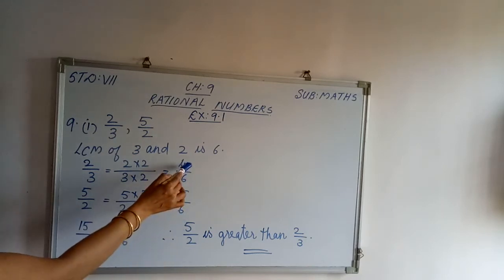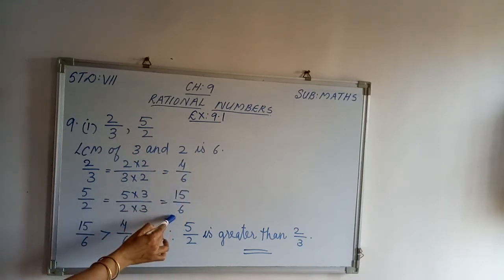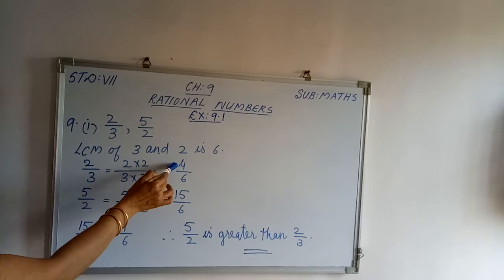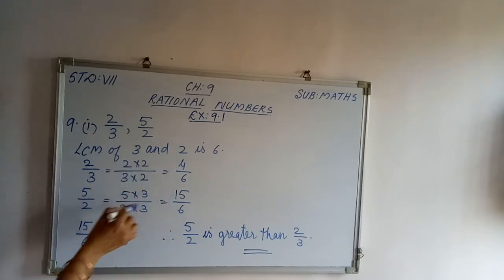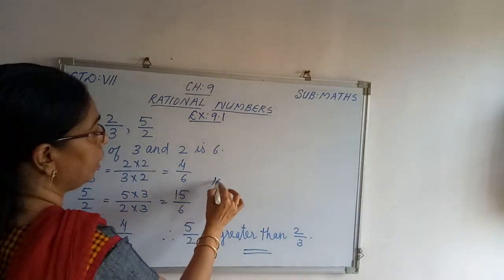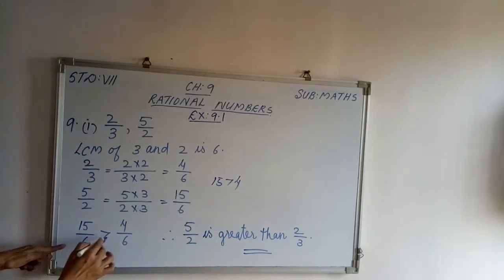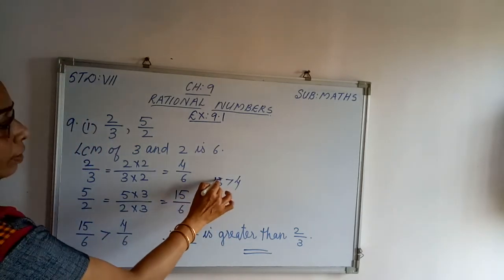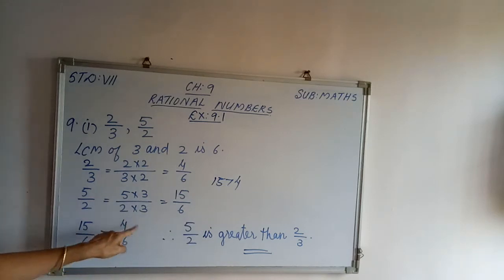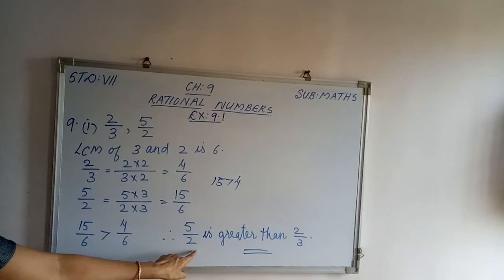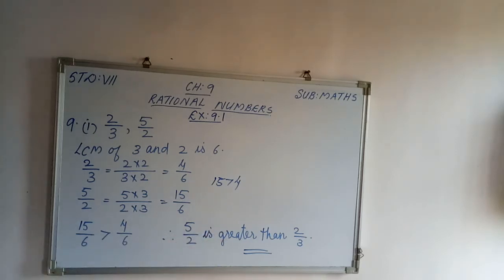Now see, 4 upon 6 and 15 upon 6. Denominators are the same, so compare the numerators. 15 is greater than 4. Therefore 15 upon 6 is greater than 4 upon 6. And 15 upon 6 means 5 upon 2. So therefore 5 upon 2 is greater than 2 upon 3.